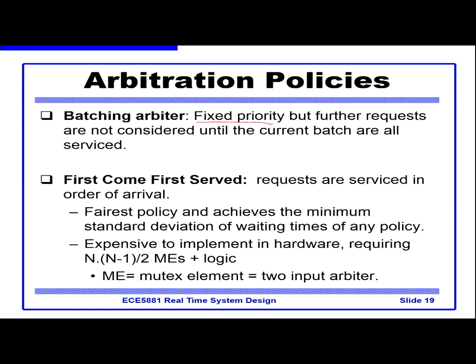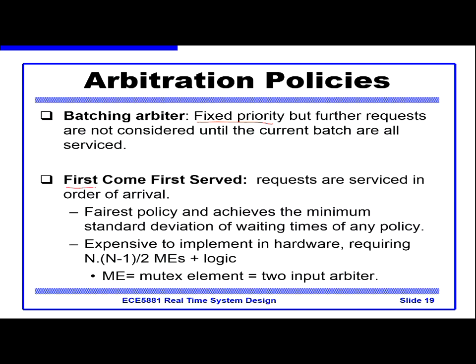So that batching just locks out further requests until we've sorted out the current pending requests. Once the resource is free again, after that batch has been allocated in turn, you then collect a new batch of requests. We'll look at an example of that shortly.